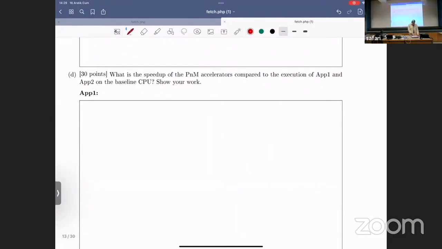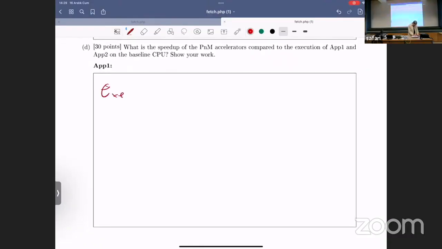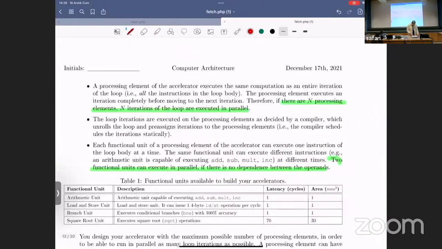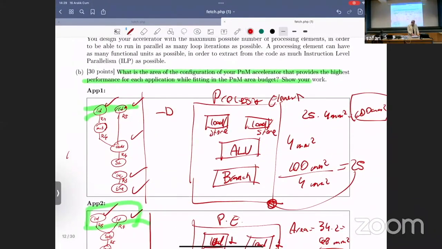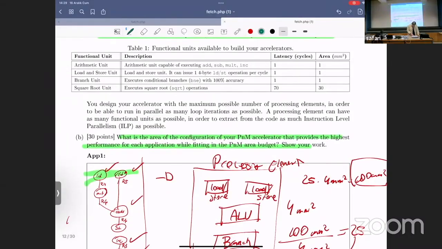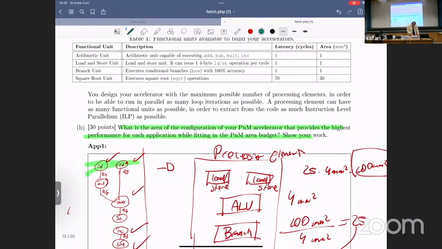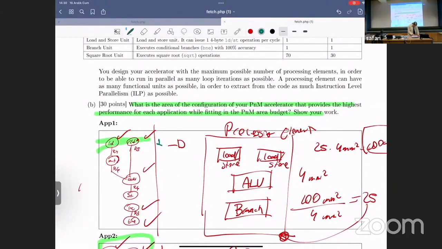Okay, so what is the speedup of the processing accelerator compared to the execution of the CPU baseline? Show your work. So you basically need to figure out the execution time of your accelerator. So here the latency of a single iteration is going to be 1 cycle here, plus 1 cycle here, another cycle here, another cycle here.